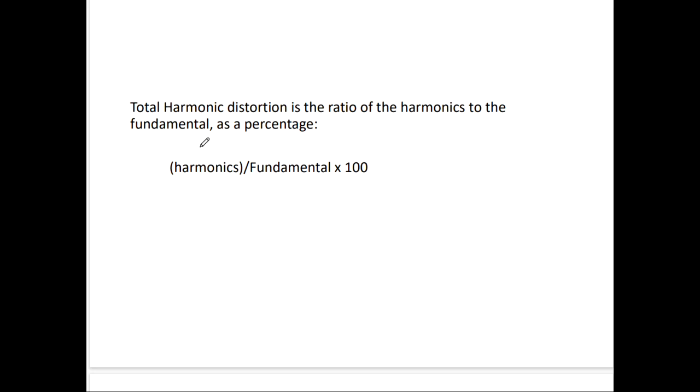All right, so harmonic distortion, or total harmonic distortion, is simply a ratio. It's a ratio of all the harmonics, simple math, folks, divided by the fundamental times 100, and that'll give us a percentage.